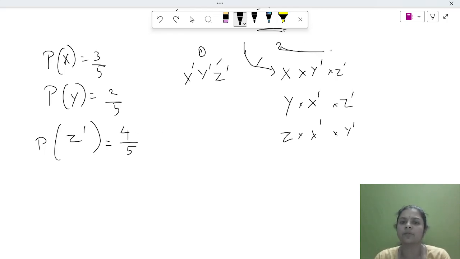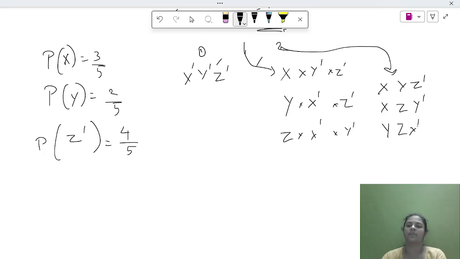So now coming to this scenario, can you tell me? Two people solving means how will you write? X and Y can solve, Z cannot solve. X will solve, Z will solve, Y cannot solve. Y and Z will solve, X cannot solve. So you can write the individual values.